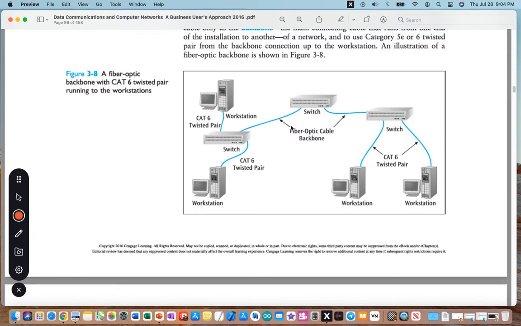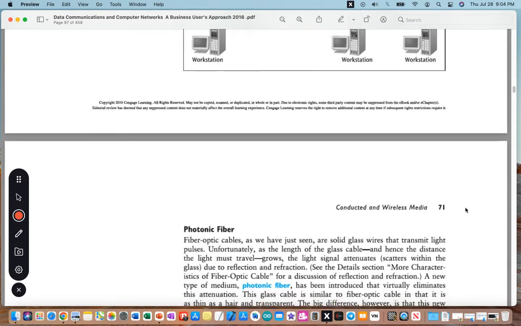And here is a fiber optics backbone with Cat6 twisted pair, and I've seen this in power plants. They use fiber optics as a backbone, like high transmission, high capacity, high bandwidth, connects the switches. And between the switches and the PCs, they use just Cat6 or Cat7 or Cat5e. Okay.